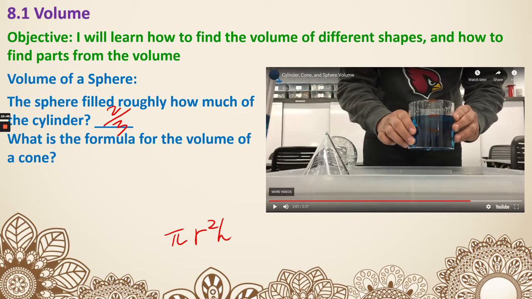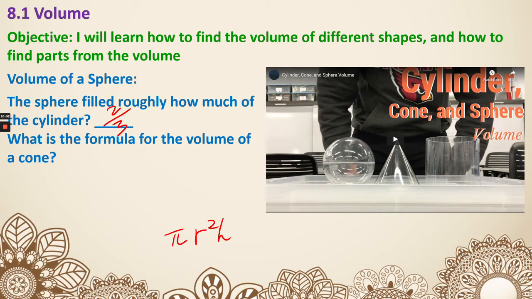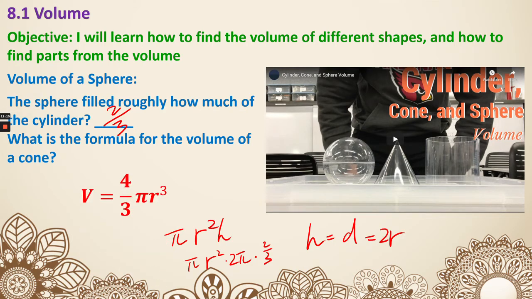Basically, that means the height is the diameter, which is actually twice the radius. So let's actually replace that. Replace h with 2r, so pi r squared times 2r, and it's filled up with 2/3 of it. That put all together is going to give you the sphere formula, which is 4/3 pi r cubed.